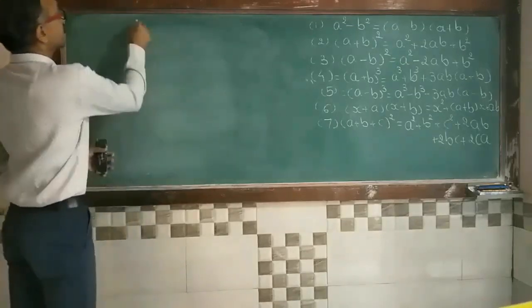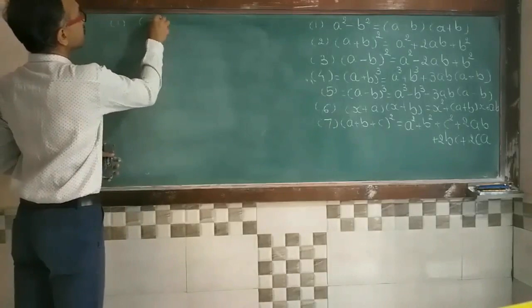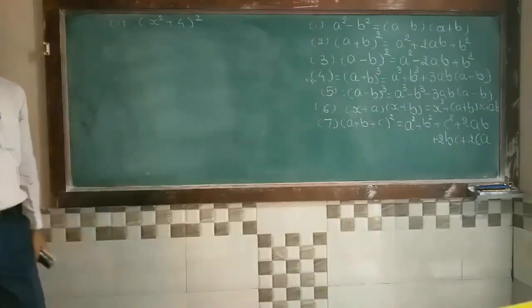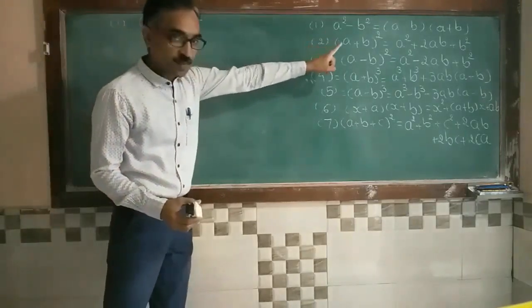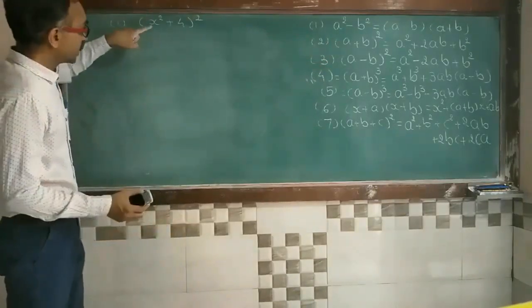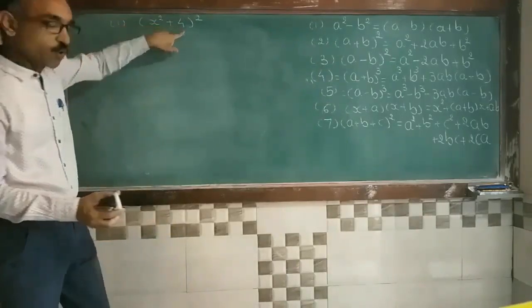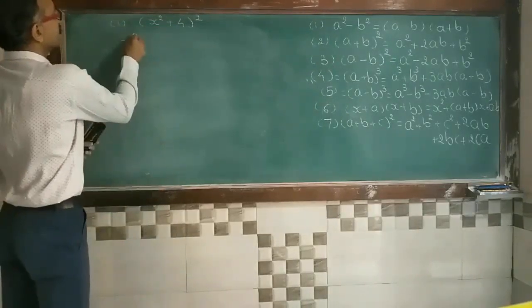Now suppose you are given x square plus 4 whole raised to square. Our second formula, a plus b whole raised to square. Here a is equal to x square, b is equal to 4. So we can factorize it now.